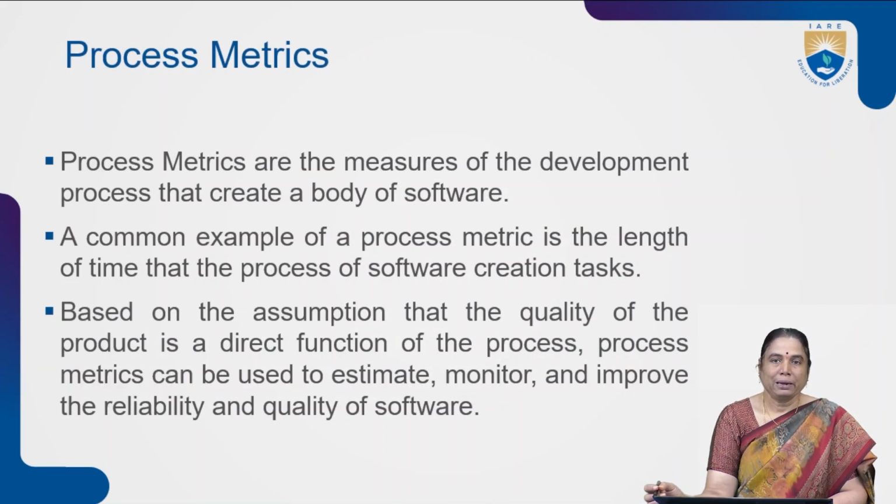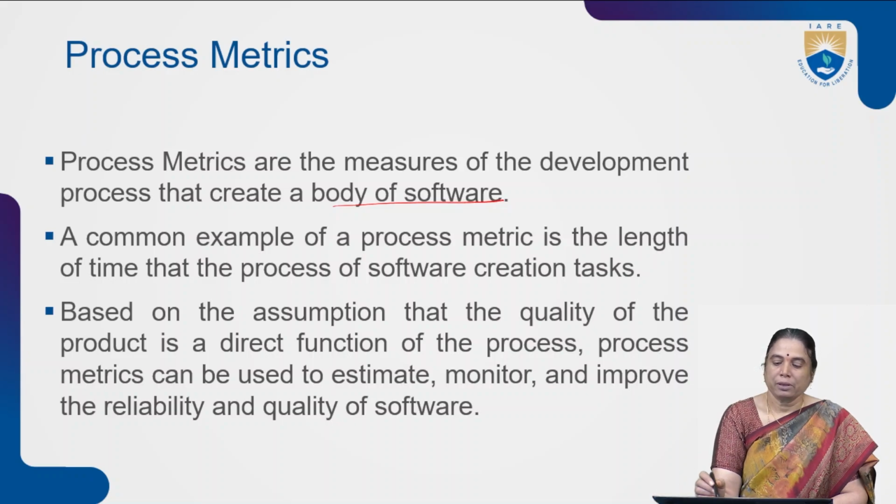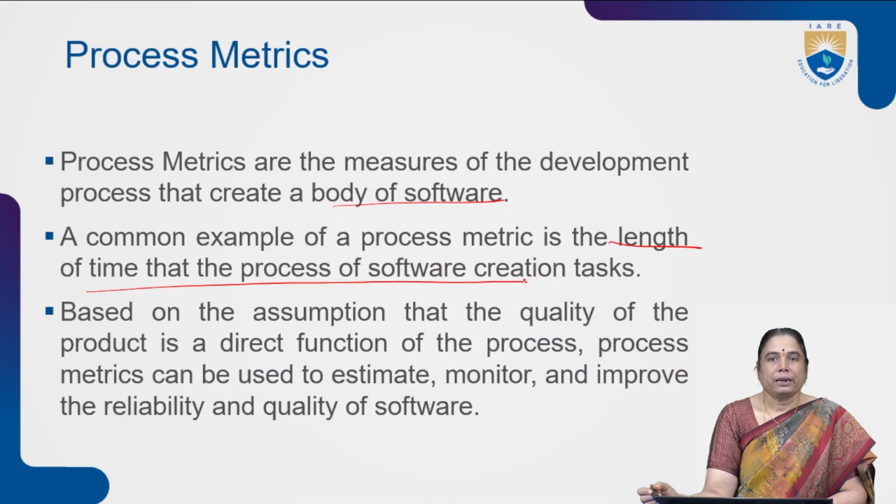Next variety of metrics are the process metrics. Process metrics are the measures of the development process that creates the body of the software. A common example of a process metric is the length and time of the software creation task.